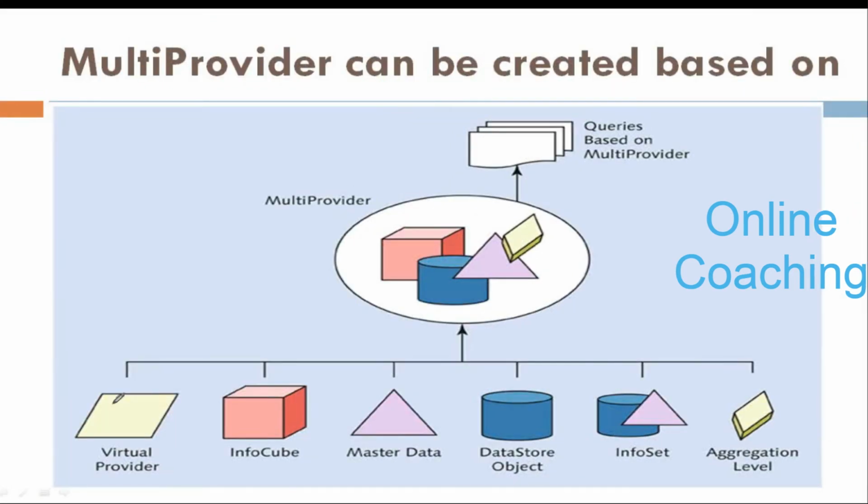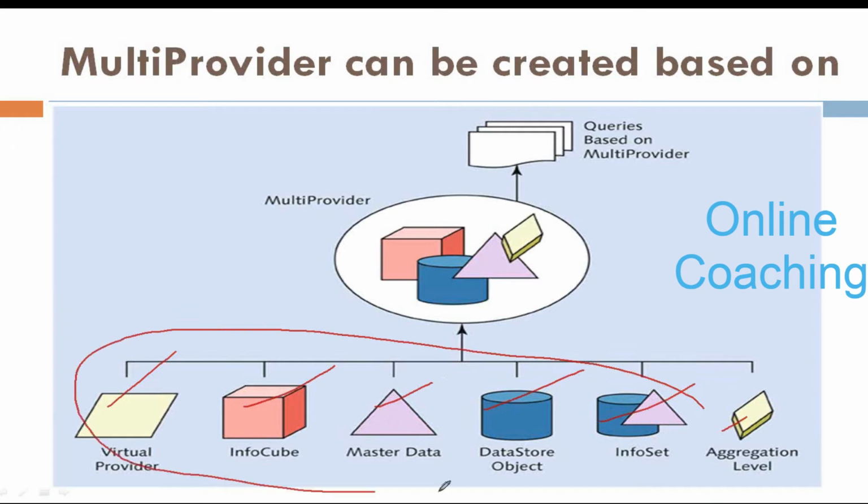Can you see here? This is your object you can use for a multiprovider. What are the objects I can use? Virtual info provider, that's your remote info cube. Info cube, master data info object, DSO, info set, aggregate. These are the things I can use for your multiprovider.